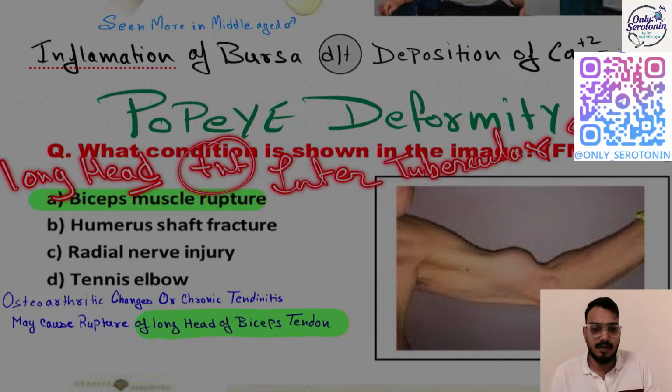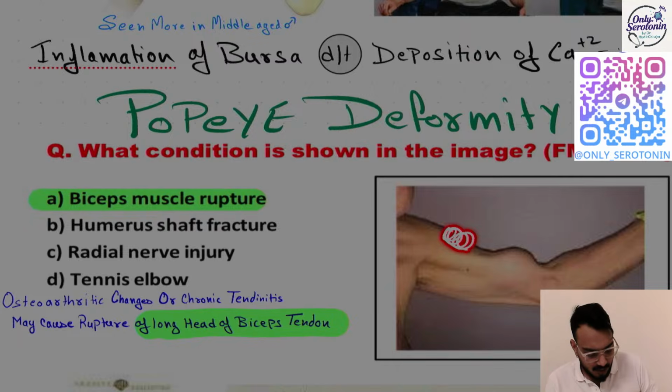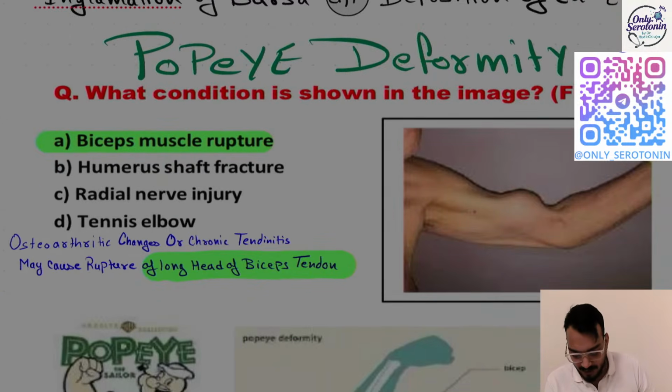So from there, the long head of the biceps muscle or the tendon which is present at the intertubercular sulcus will get ruptured. Because of that, the long head will come and collect inside your arm, and it will look like the muscles of Popeye. That's why we call it Popeye deformity, right?